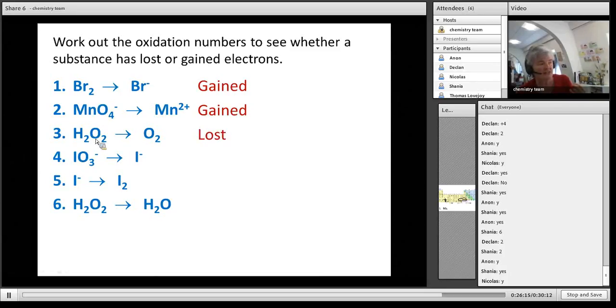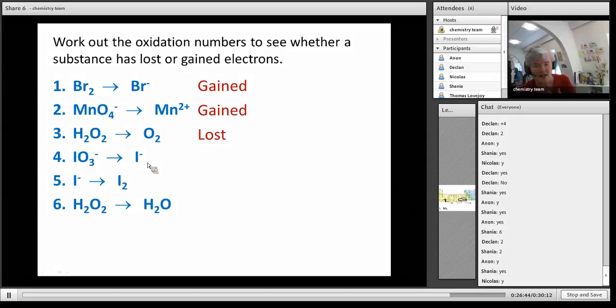Hydrogen peroxide, each oxygen has gone from -1 to... sorry, not -2. O2, free element, so it's gone from -1 to 0, so it's lost. So again, each oxygen has lost 1 electron, or you could say each hydrogen peroxide has lost 2 electrons, because I have 2 oxygens in hydrogen peroxide.